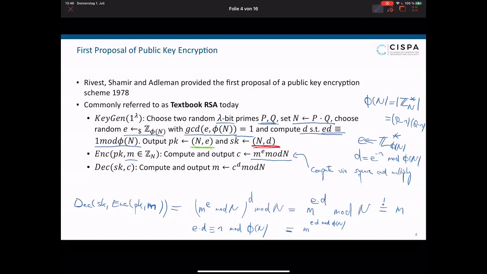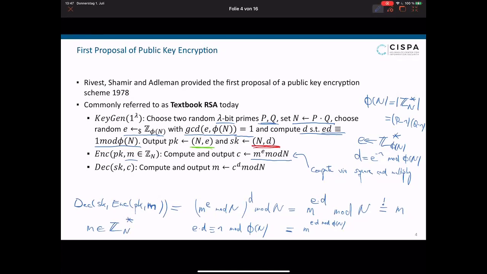Euler said so, yes, but we've seen that in the last lecture. Exactly. Because phi of n is the number of elements in the group, right? For now, for this simple thing, let's just assume m is in Zn star. If it's in Zn without Zn star, it still works, but for now assume that it's in Zn star.